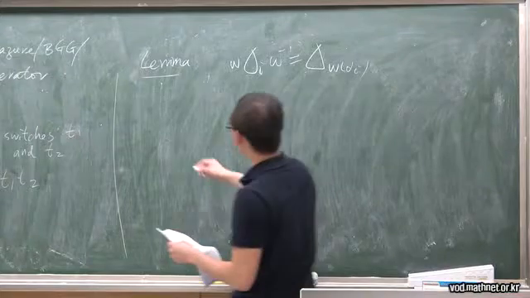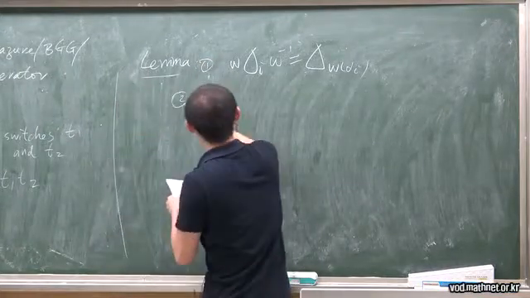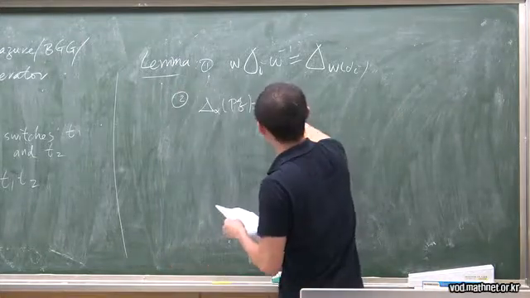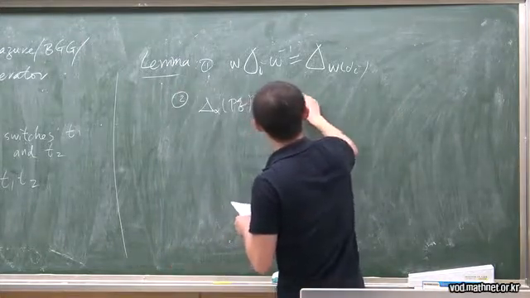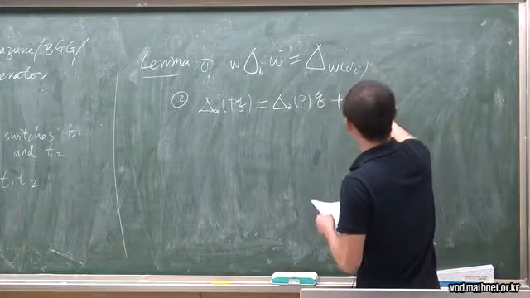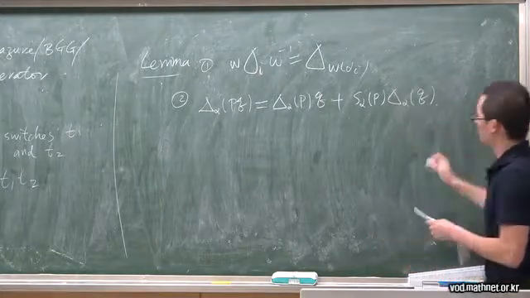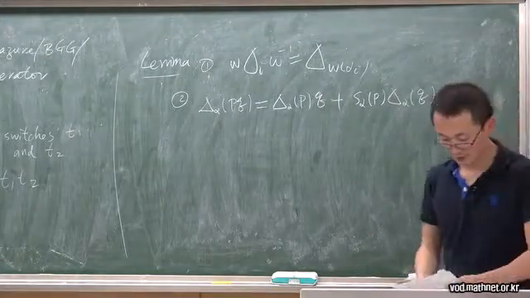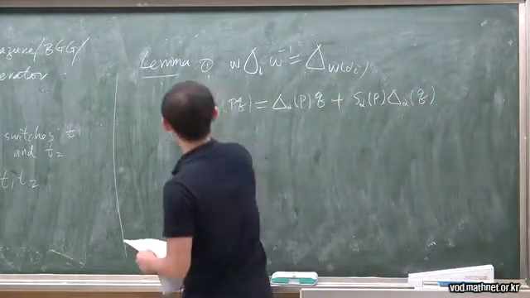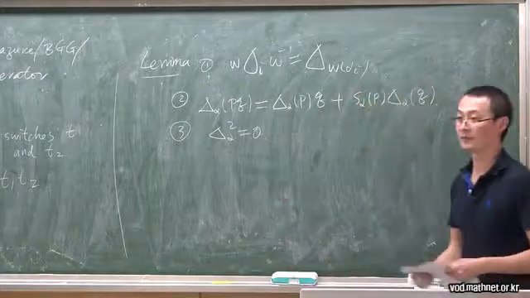And this Leibniz rule, that is, delta alpha of the product of two polynomials gives you delta alpha of P times Q, plus the twisted Leibniz rule: s_alpha of P times delta alpha of Q. So it looks like Leibniz, but one of them is twisted by one group element. And another one is delta alpha squared equals 0.